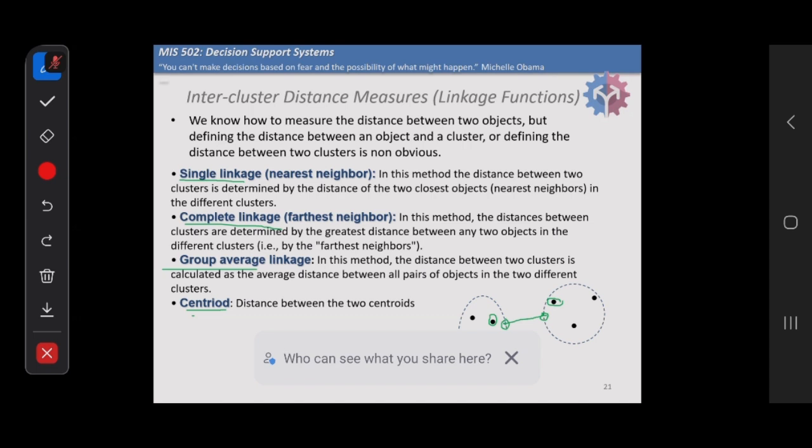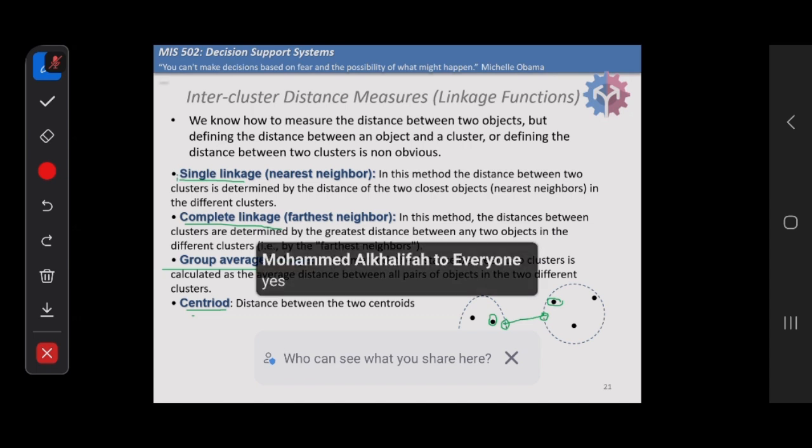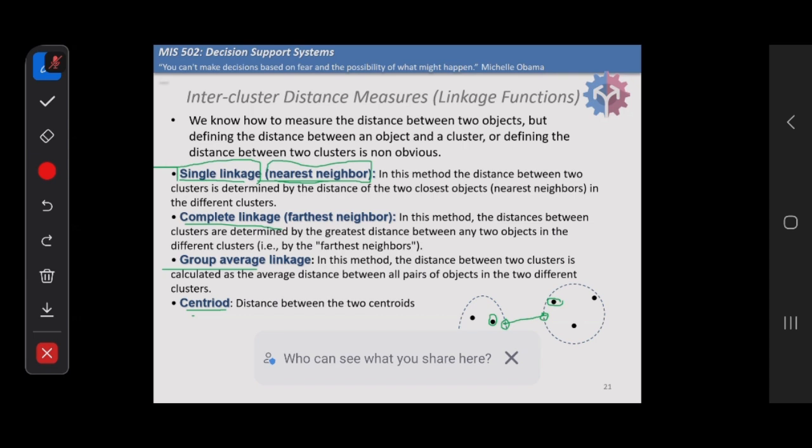So that's what you call single linkage, because you had the single linkage in mind, where you look for nearest to nearest. It's called nearest neighbor, okay? Which means that you're looking at the two nearest points, and that's what you call the distance between two clusters, the nearest one.